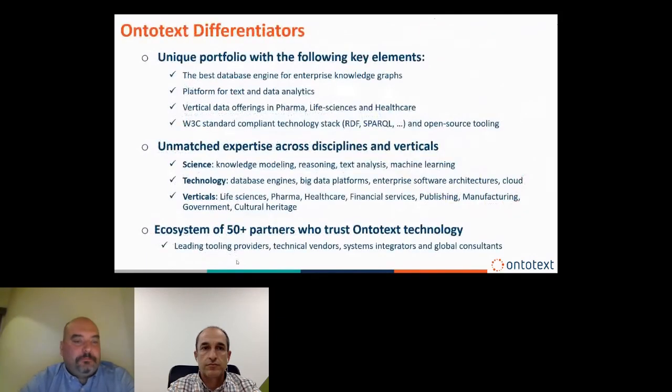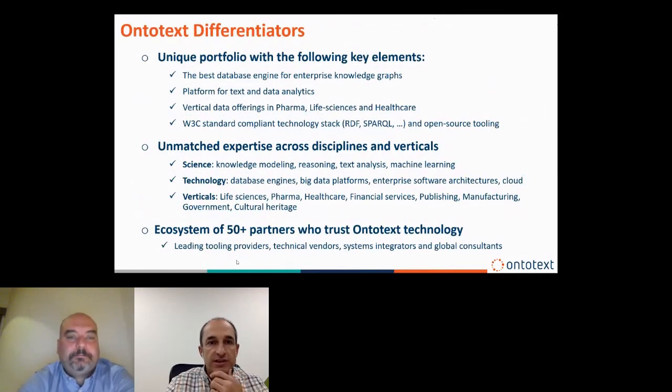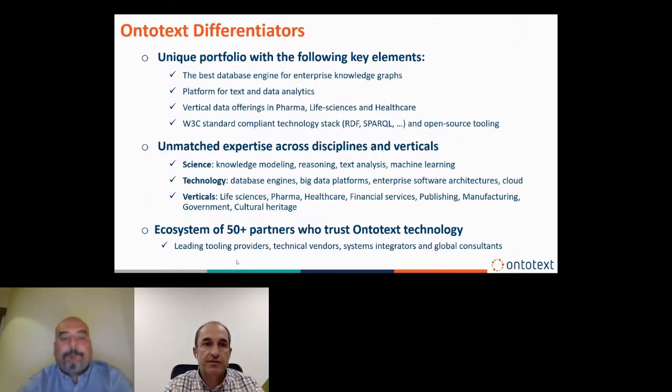Going back to Ilian. Thank you, Todor. I will finish very quickly with this slide because we have interesting questions that I would like to address as much as possible. Just to wrap up, the Ontotext differentiators, as you can see here on this slide, are pretty obvious.